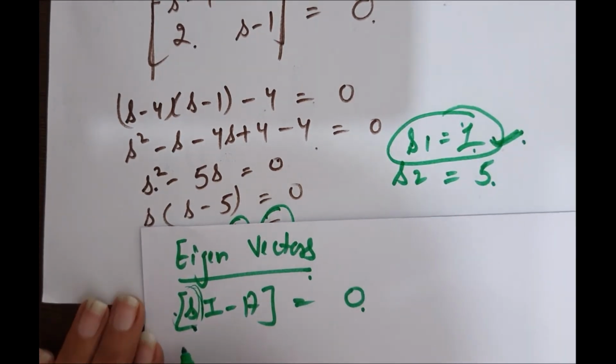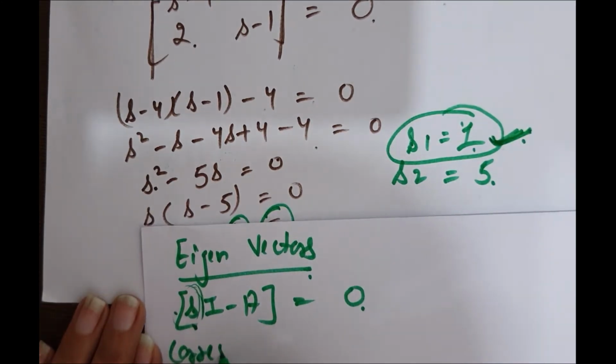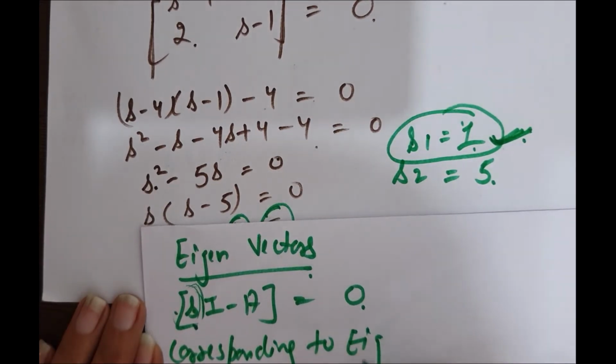So we are finding the eigenvector corresponding to eigenvalue 1.